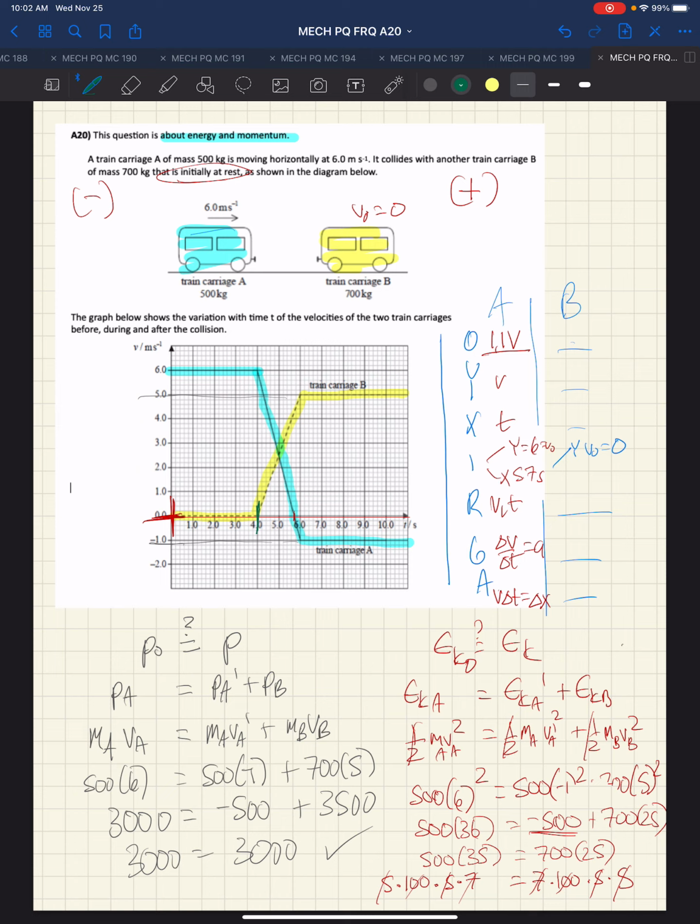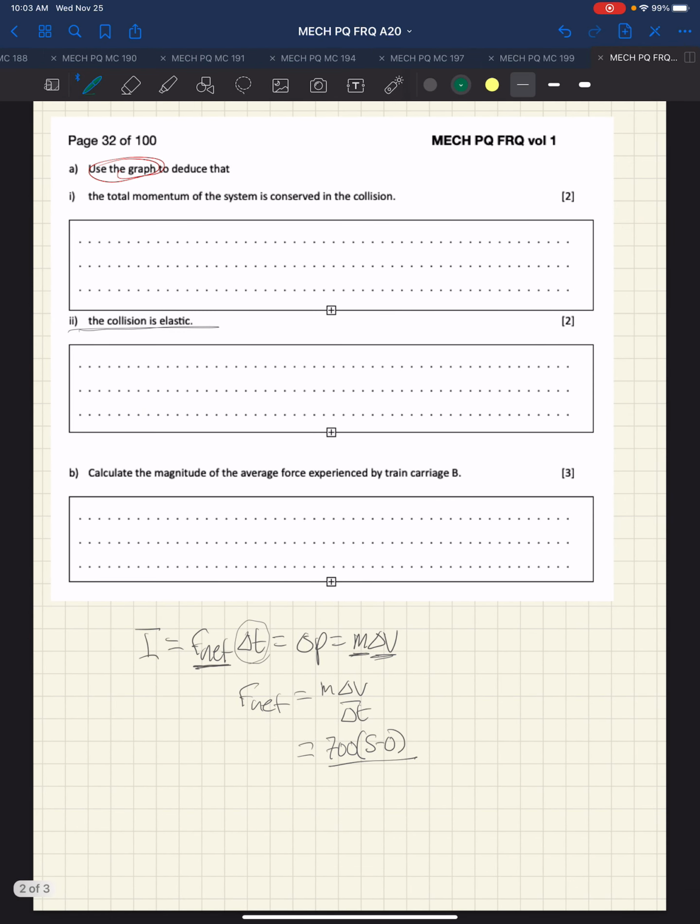And the time over which that happens, well, it starts to accelerate at time 4, and carriage B ceases at 6. So we have a time interval of 2 seconds. Over 2 seconds, so that's 350 times 5, which is 1,750 newtons.